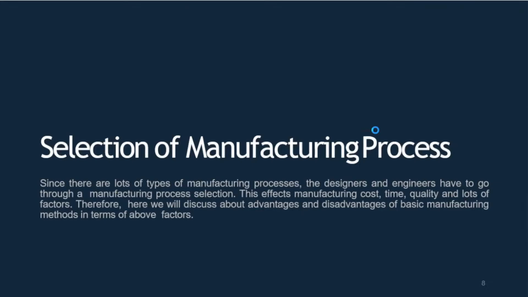Okay. If we choose the wrong process, our cost may be high. Yeah. So sometimes our product may be difficult to produce. So then we need to look at how to choose the right manufacturing method.